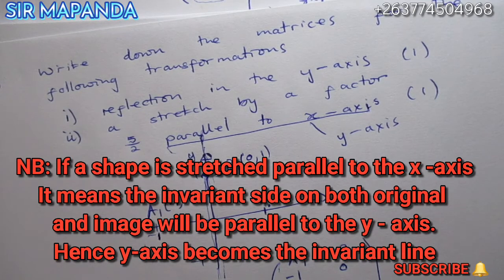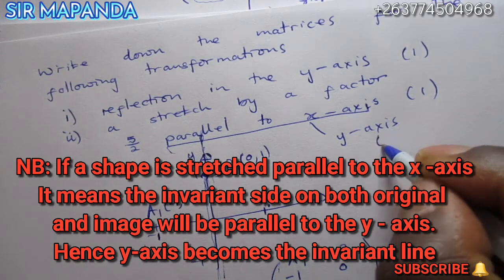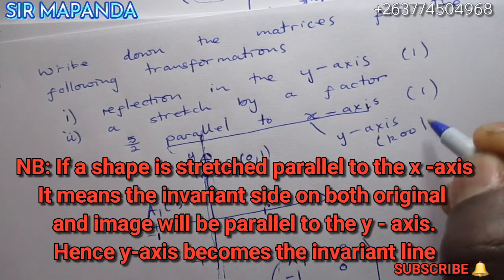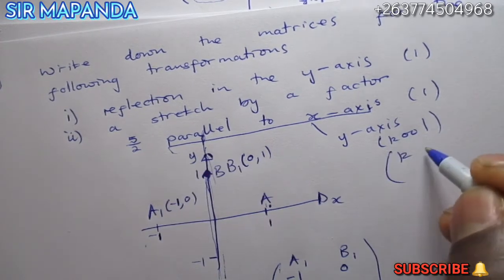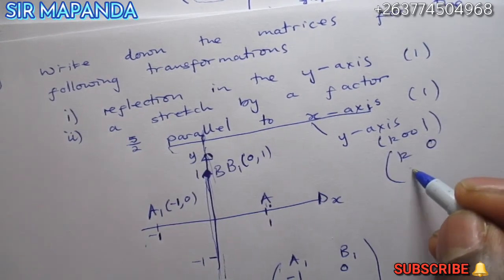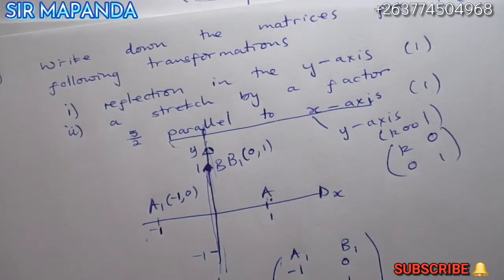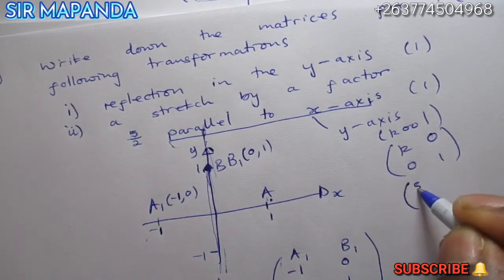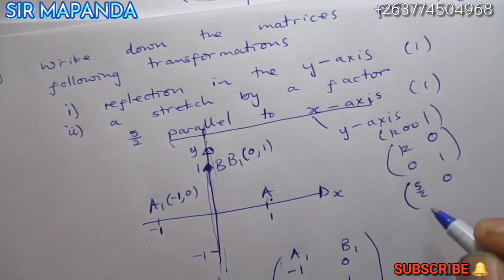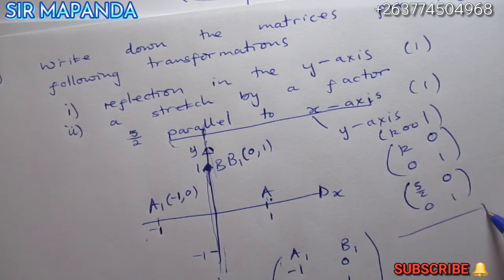I hope you are following. So if y-axis is the invariant line, I'm going to use the troubleshooter Q, which is K, 0, 0, 1. But remember, the stretch factor was given as 5/2. So my final answer is 5/2, 0, then 0 and 1. Then you are home and dry.